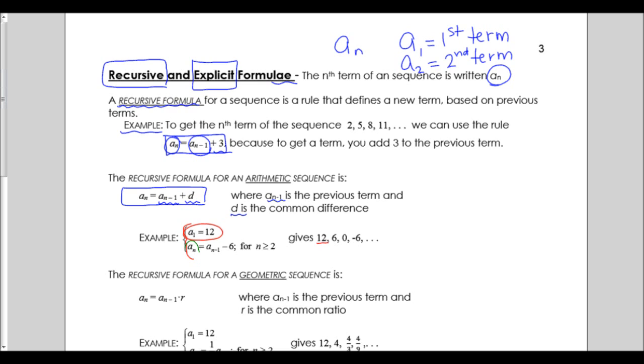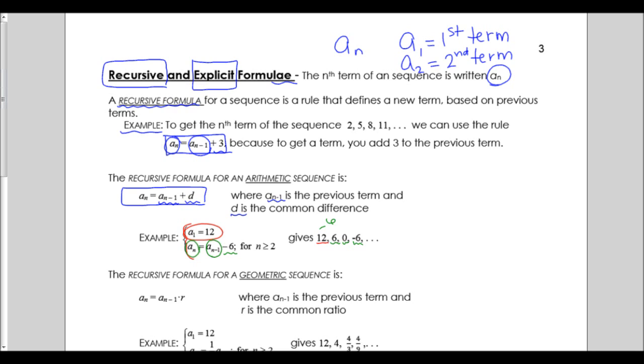Down here this says the nth term, or the next term, is the term before that minus 6. So it tells me to take 6 away from 12, which gives me 6, which is my second term. Then I'd take 6 away from that to get 0, 6 away from that to get negative 6. So every time in the formula, I'm using the previous answer and I'm subtracting 6 from it.